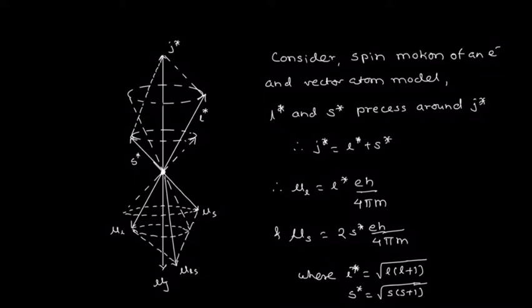Here in the diagram, we show that L star and S star precess about the resultant vector J star. Due to orbital motion, it produces a magnetic moment, but that magnetic moment is opposite to that of L star. Similarly, mu S is also opposite to that of S star, which is due to the negative charge on the electron.